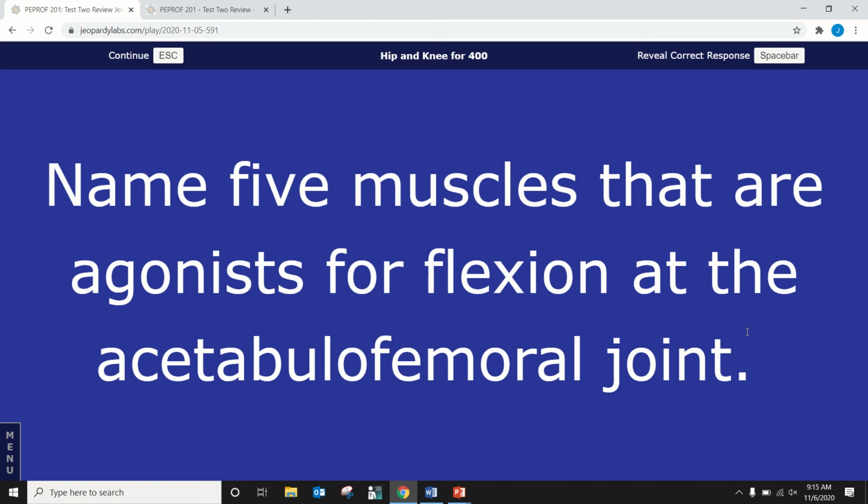Examples include tensor fascia lata, TFL. Pectineus is another one. Adductor magnus, adductor longus. That makes it the big 3. Iliacus psoas or iliopsoas, and then rectus femoris.